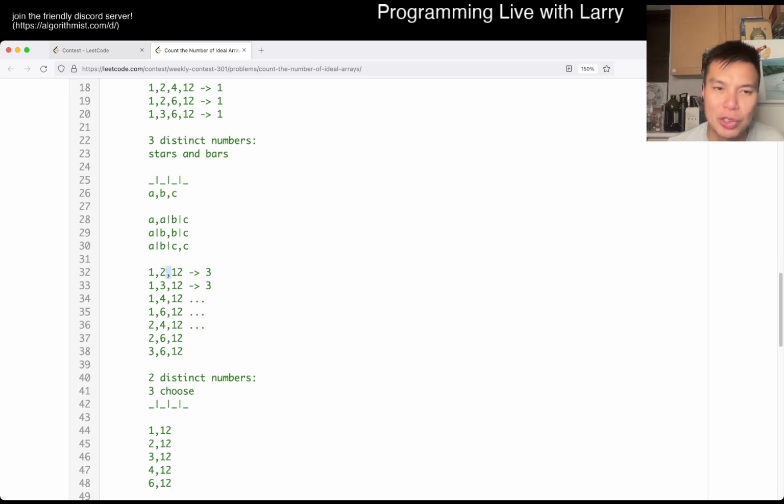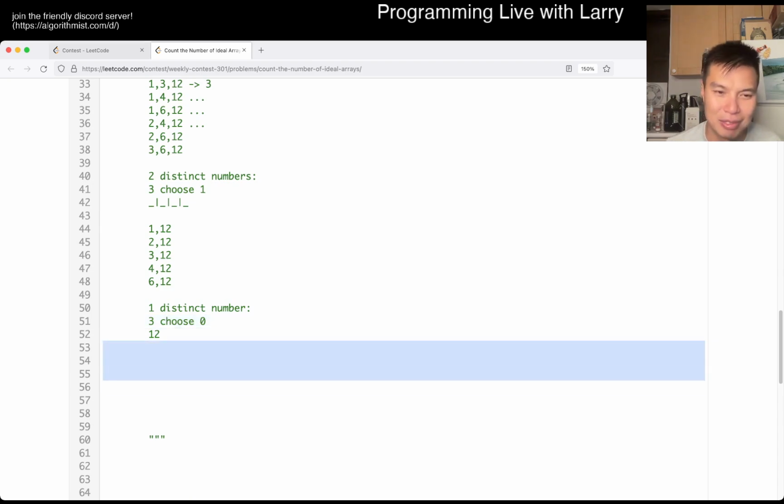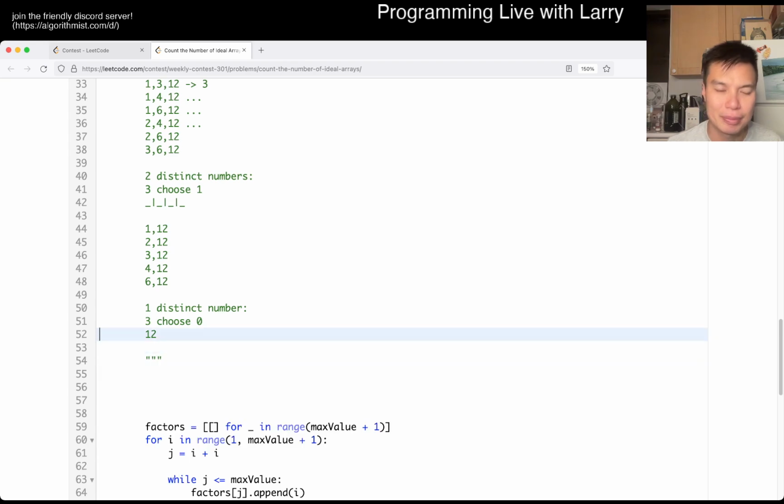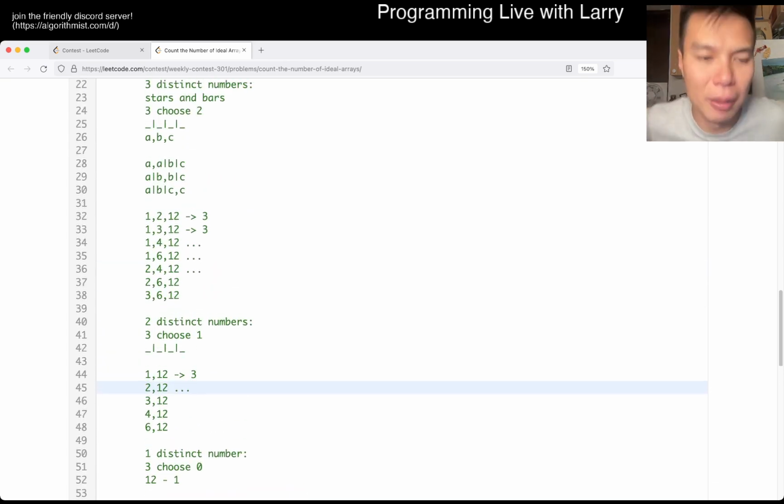We have 3 bars and want to choose 2 of them, so this is 3 choose 2. And this is 3 choose 1. And the same idea here, this is 3 choose 0, which is just 1. And this is going to be 3 as well, dot, dot, dot. So that's basically the idea.